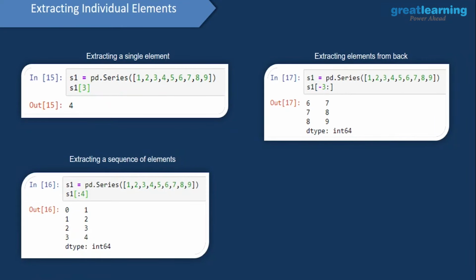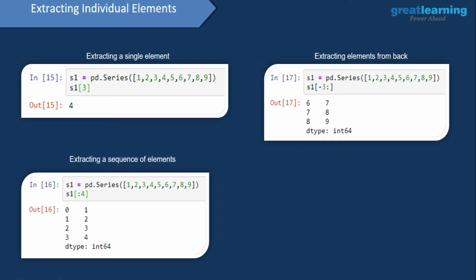Now we'll also see how to extract individual elements from the series object. So here we have all of these elements starting from 1 going on till 9. And again, you'd have to keep in mind that the indexing starts from 0. So if I want to extract this particular element over here, the index value for this would be 3. So 0, 1, 2 and 3. And when I give the index value as 3, I am able to extract this particular element.